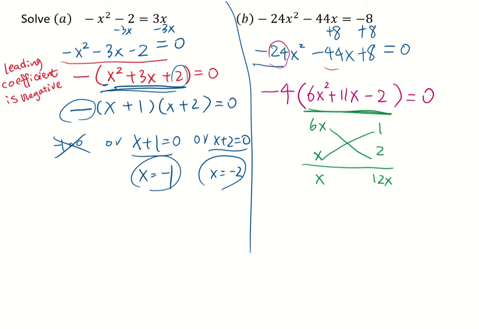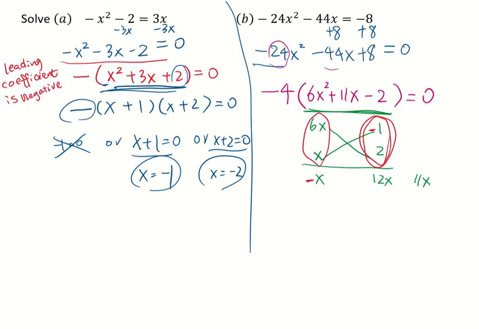I want 11x in the middle. That means this x will be negative. So that negative x plus 12x is 11x. Trace it back. That means this 1 is negative. We don't put any negative signs on the two x terms. We only put negative signs on these two terms, the constant terms.